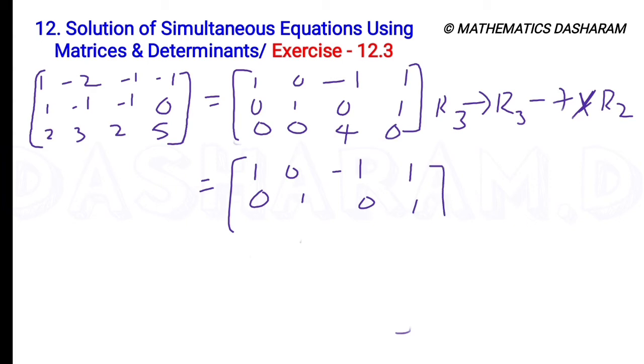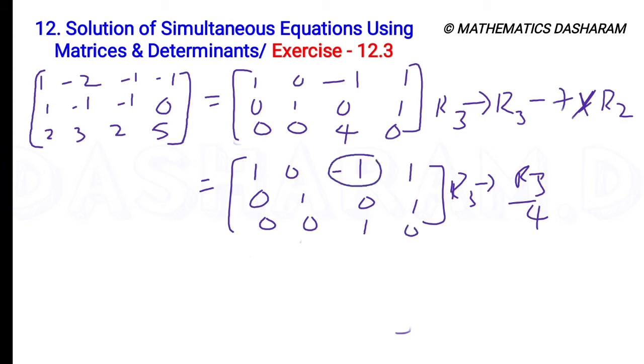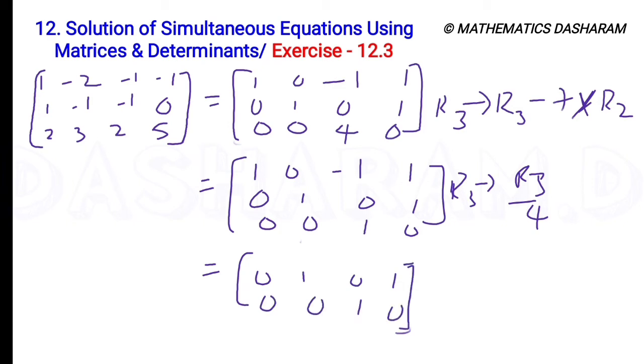So now R3 is replaced with R3 divided by 4. So it is equal to 0 0, 4 by 4 is 1, 0 by 4 is 0. Next we need 0 at this place, because we already have a 0. So to get the 0, here 0 1 0 1, 0 0 1 0, the last two rows are written as they are. Now the first row is replaced with R1 plus R3, because it is a minus 1, here 1.